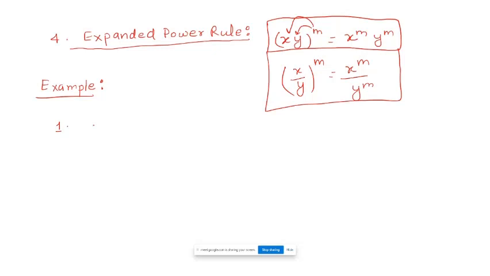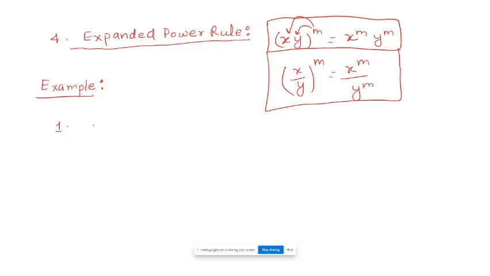Two: if you have ab to the power of 5, what will happen? A to the power of 5, b to the power of 5. Third, if you have a over b to the power of 3, in this case what will happen? A to the power 3 over b to the power 3.